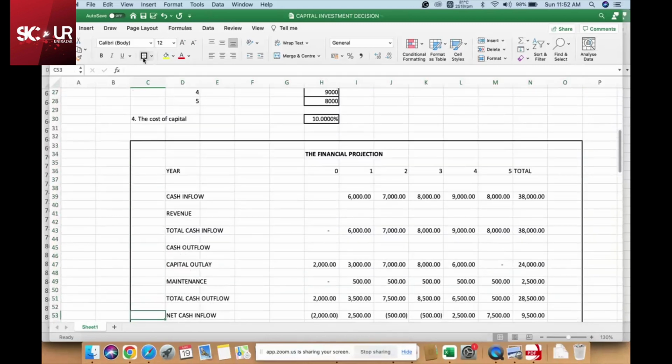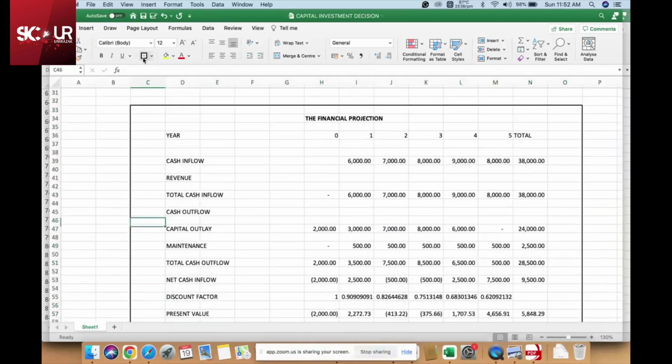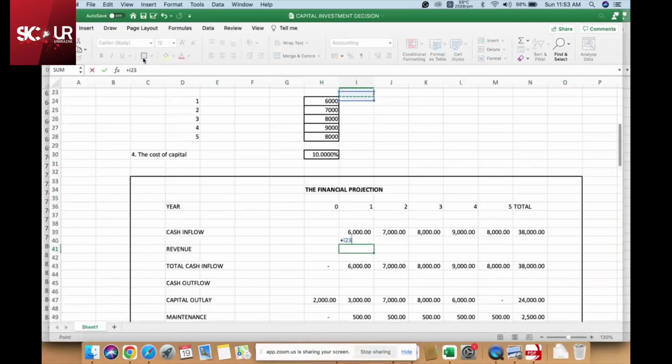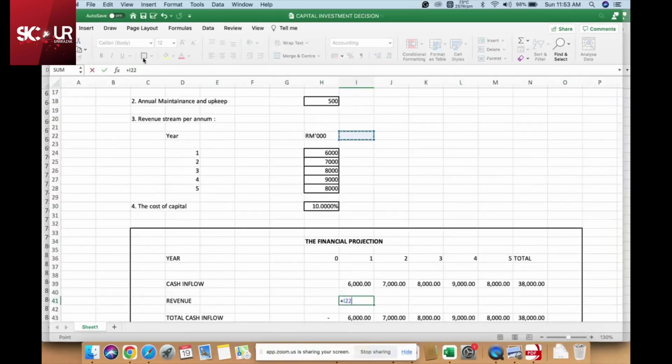What we did is just copy from the assumptions here. For example, the cash inflow from revenue here is copied from here, the revenue, and then we just copy through.